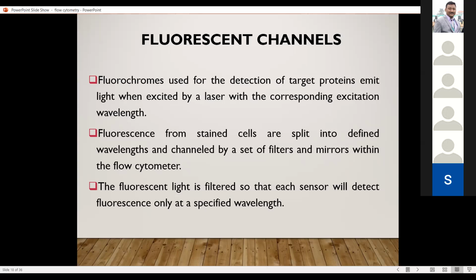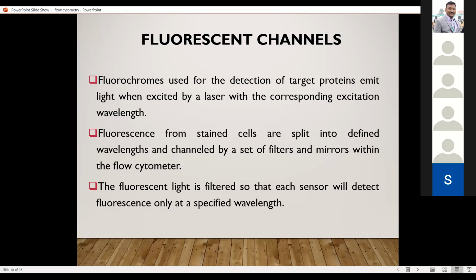When an atom absorbs energy, the electrons jump up to the outer shells. But electrons can't be stable in their higher excited state, so they jump back to their ground state. When they jump back, they emit light, and in fluorochromes the emission occurs at a higher wavelength. That's why fluorescence occurs. So when these fluorochrome tagged antibodies bind to the cells, the cells start emitting fluorescence.